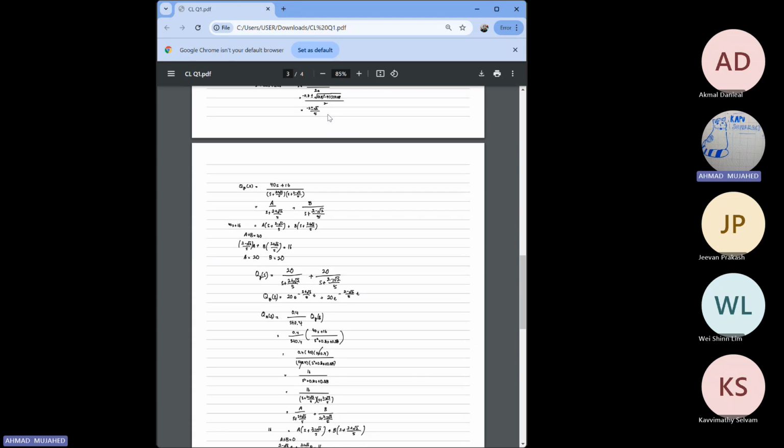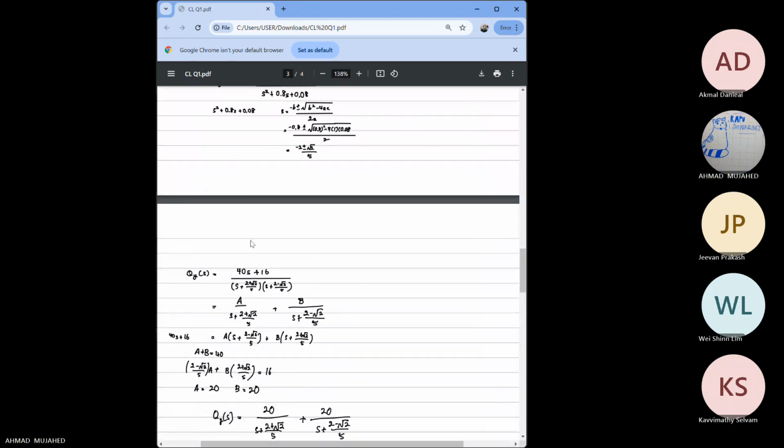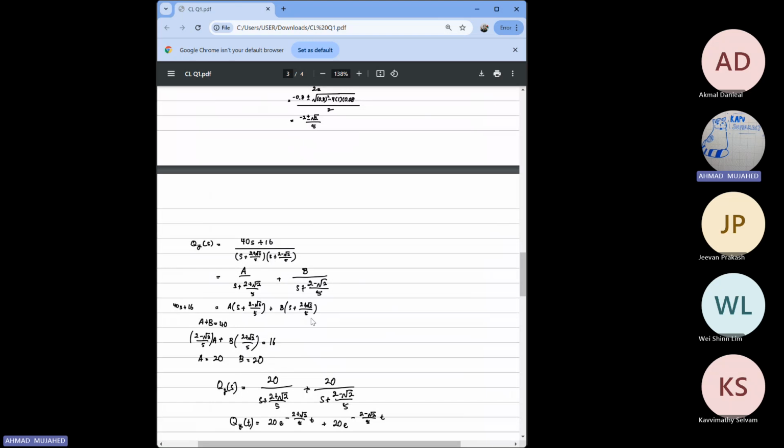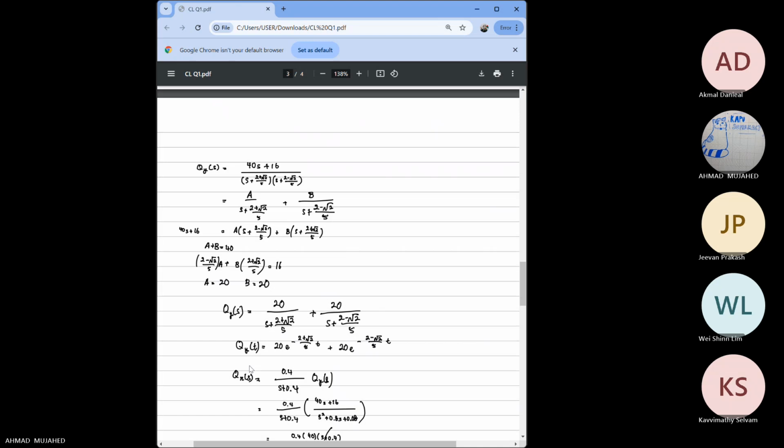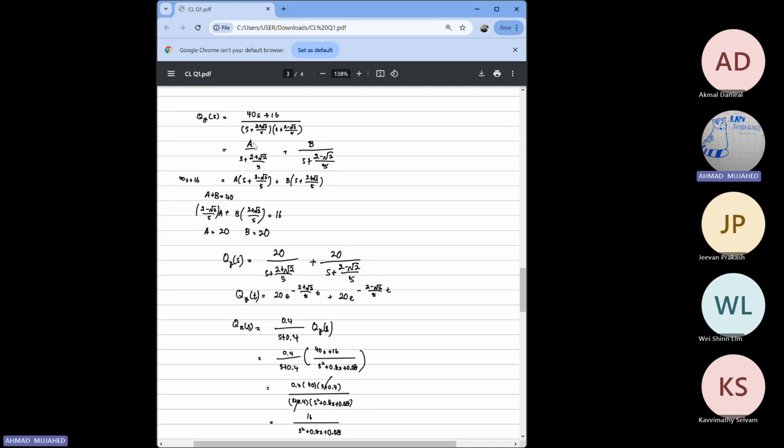Putting in here, they get A and B as 20. So then they put in the value here. So Qy(s) equals 20 over s plus 2 plus root 2 over 5. This one is minus root 2 over 5.